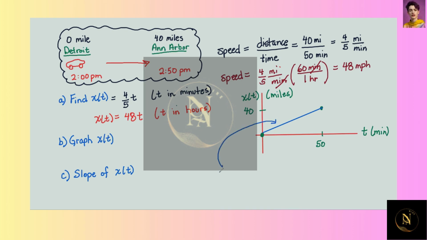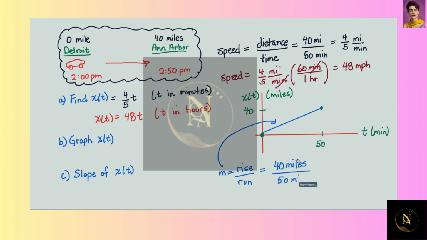Okay, so the slope is equal to rise over run. Remember, slope is rise over run. So the rise is 40 miles, and the units here, we've got to use our units, and our run is 50 minutes.